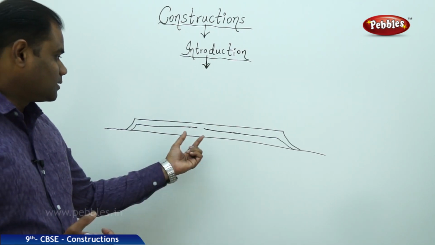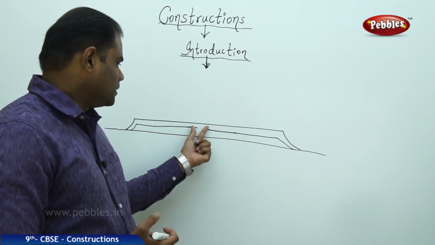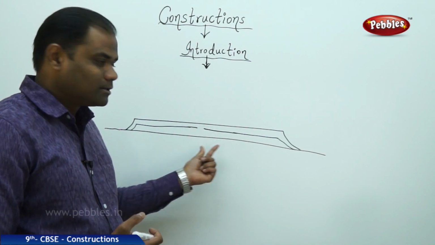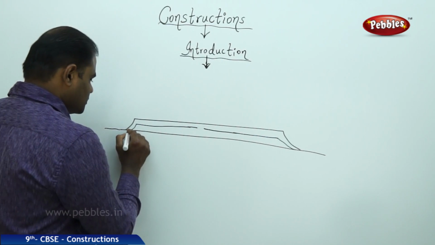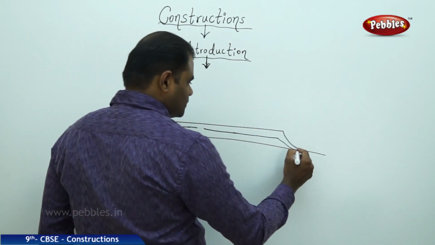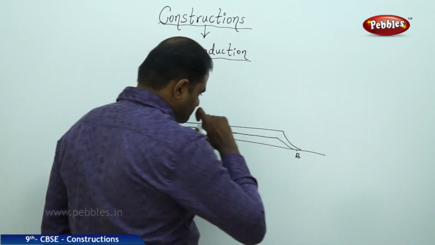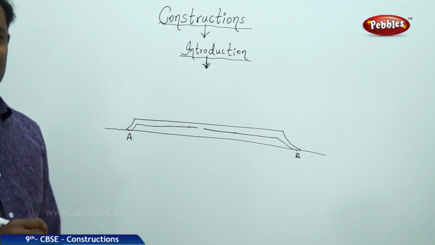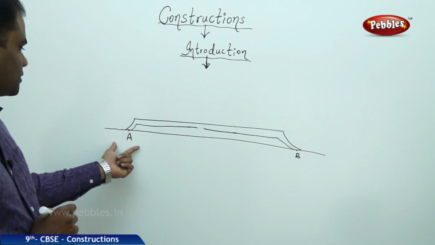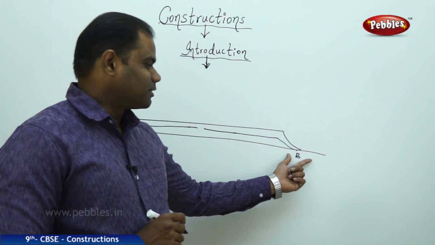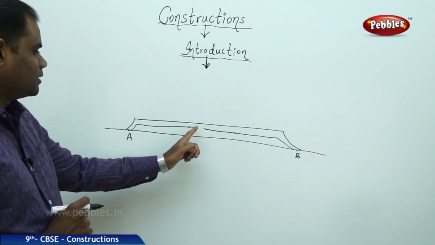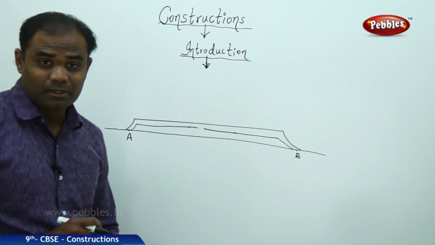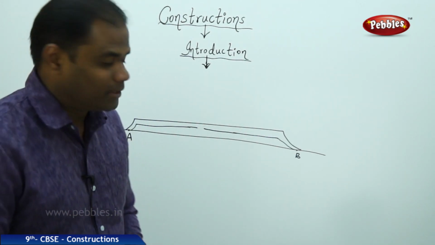An engineer finds that in order to build a pillar exactly in the middle, he needs to measure the midpoint of this distance AB. In such a situation, the end of the bridge on the left is A and the end of the bridge on the right is B, which is a line segment AB at which the engineer would like to build a pillar exactly in the middle of the bridge.